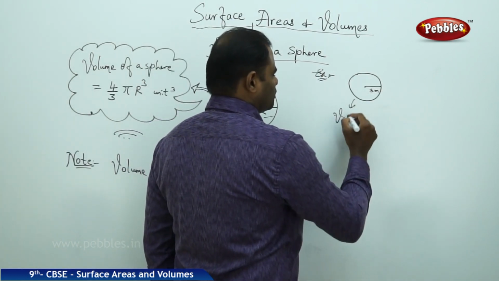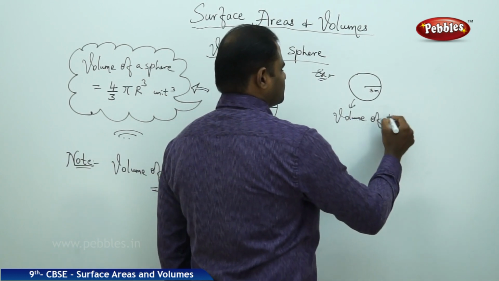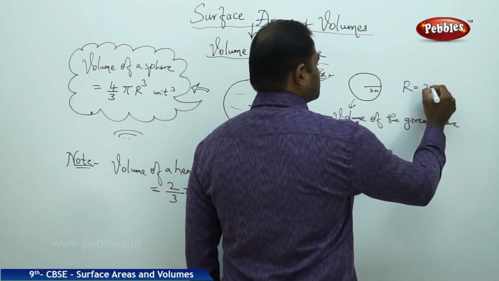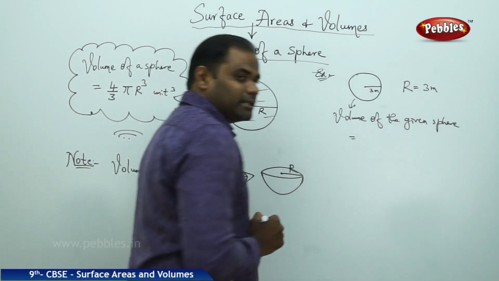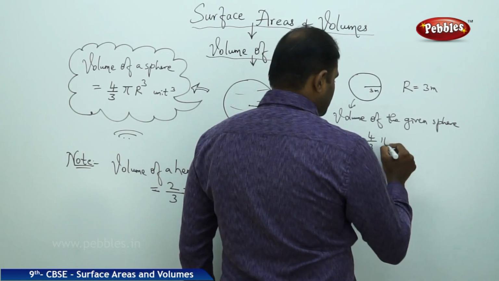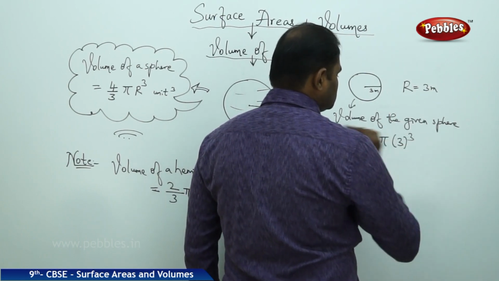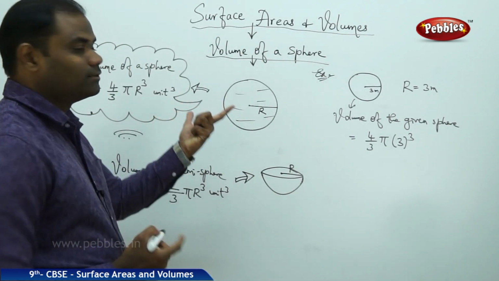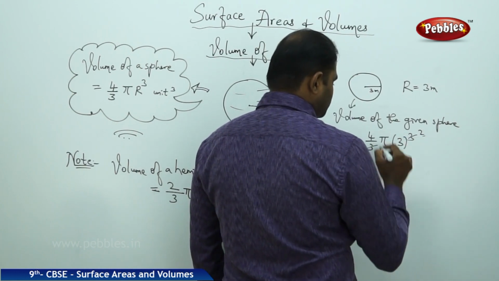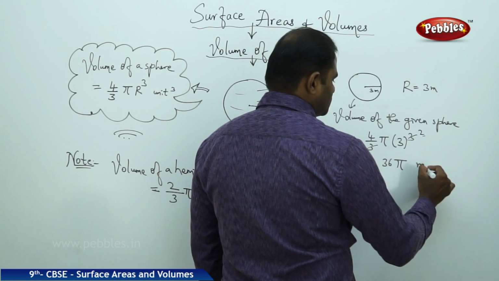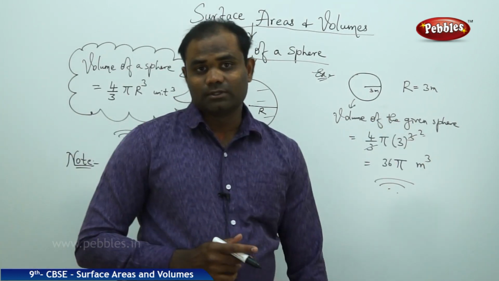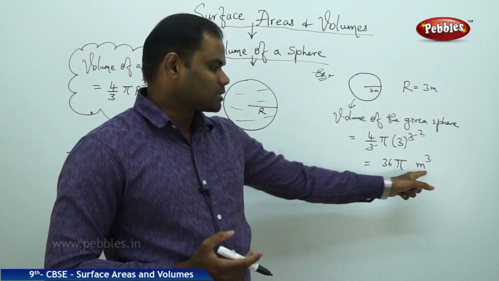Then volume of the given sphere, whose radius is given to be 3 meters, is clearly given by the formula 4/3 pi r cube. So 4/3 pi r cube, which is substituted with the value of the radius r. This gives me 3 squared 9, 9 fours 36 pi meter cube. Is how we understand the volume of the sphere with radius 3 meters is 36 pi meter cube.